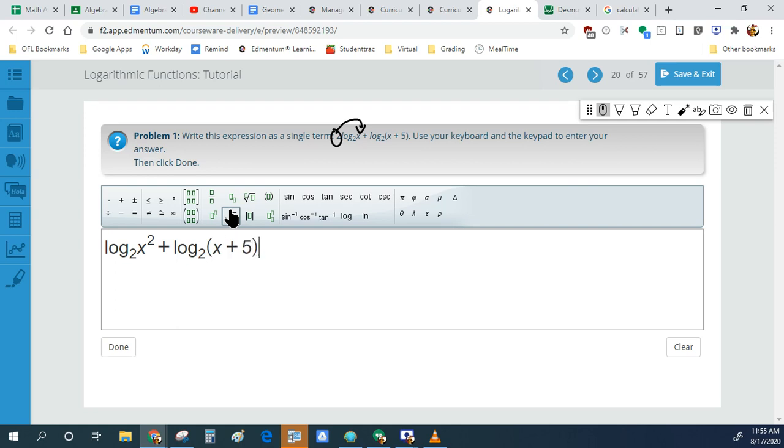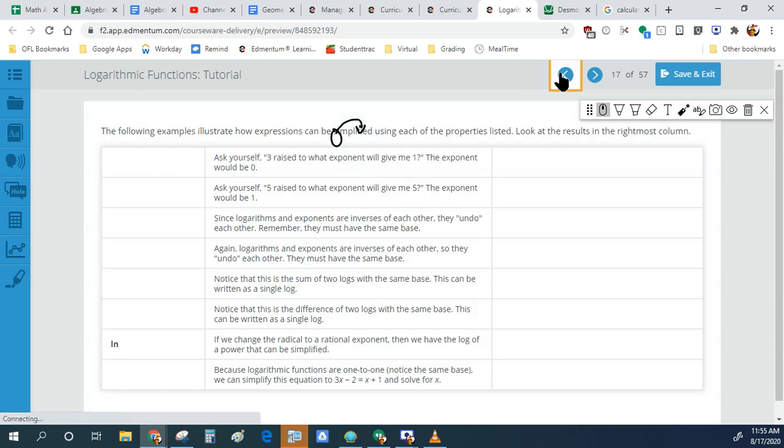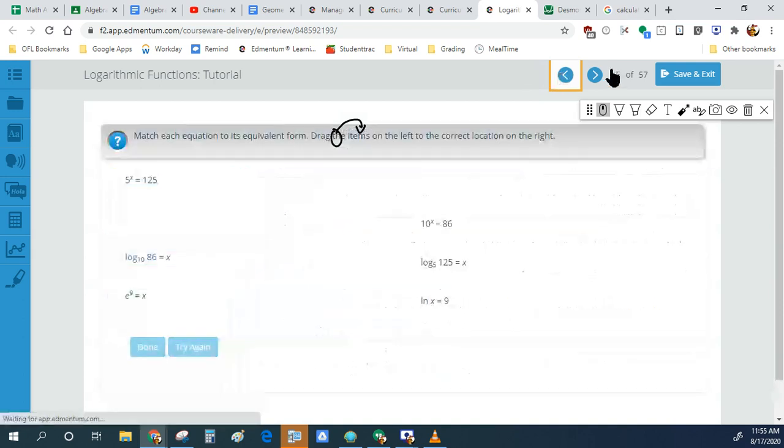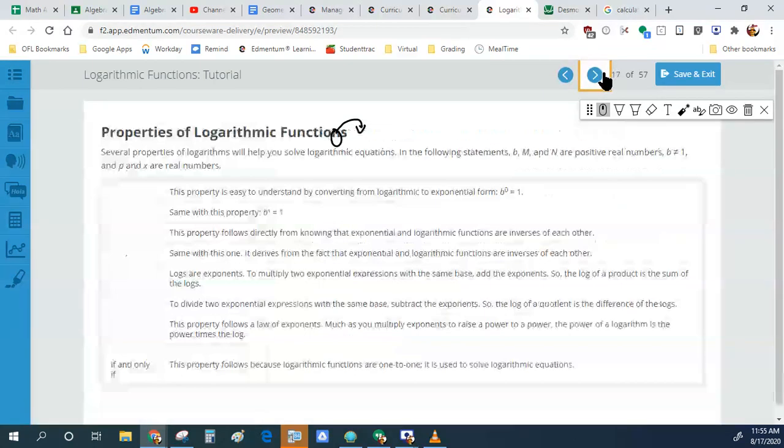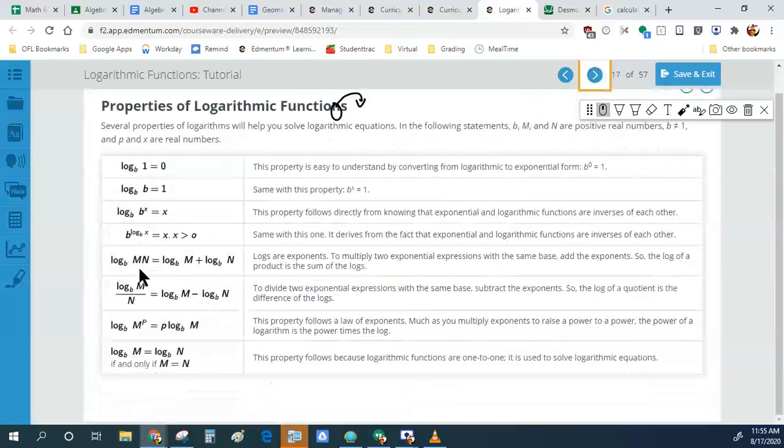plus 5. And now since I'm using addition, this can be simplified into multiplication using our multiplication rule. If you guys are lost, basically what I'm doing is this rule over here. Where if we're adding, we can multiply them together.